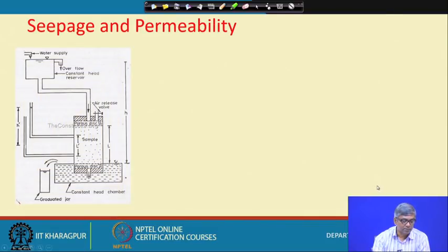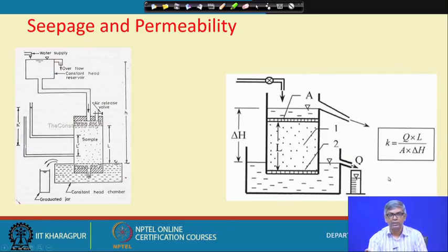Next is the laboratory method. I have mentioned the constant head method and the falling head method. For the constant head method, two test setups are shown here. This is the soil sample, through which water is supplied from here and taken out, and two observation points are marked.